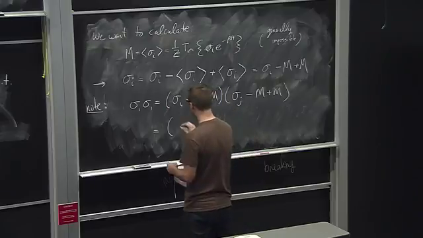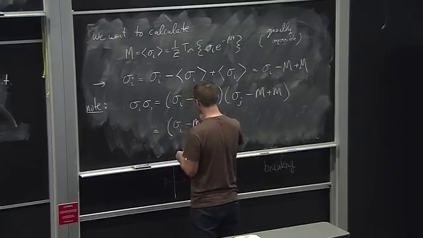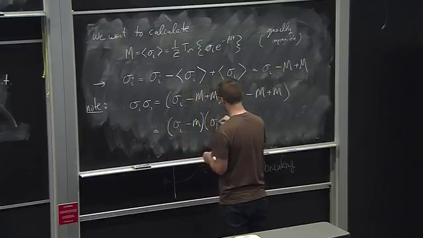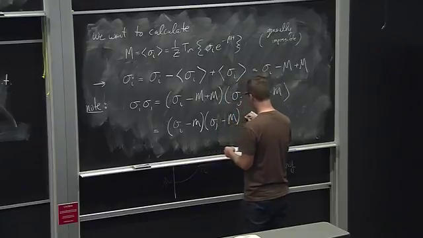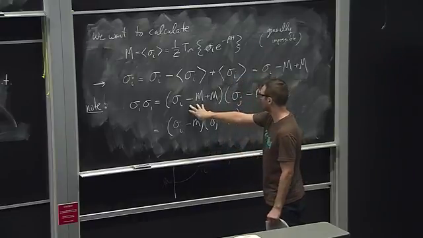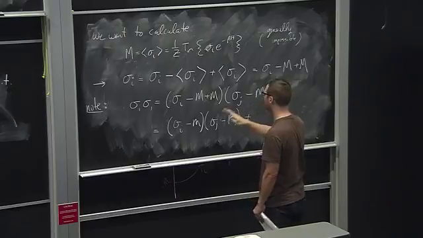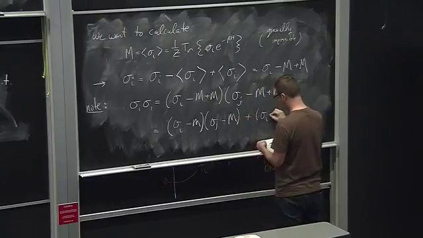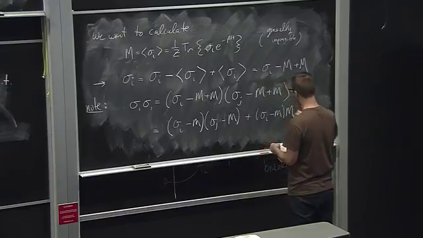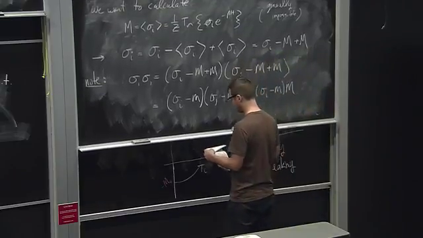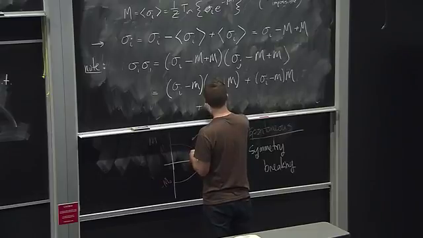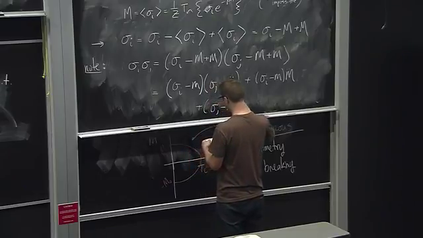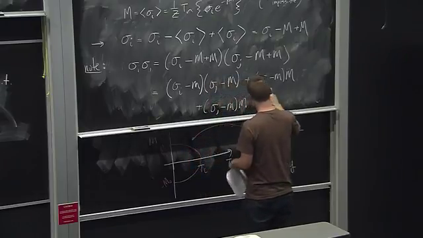By pulling out sigma i, sigma j, each minus m. That's this term multiplied by this term. Okay, so then I have basically two of these. And m squared.